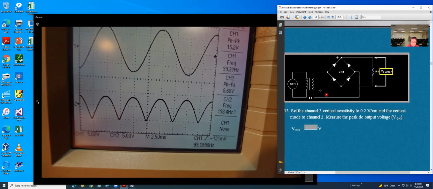Normally for this lab they use 0.6, so that's 0.6 plus 0.6, which is 1.2 for the two diodes. Okay, so basically, let's see.